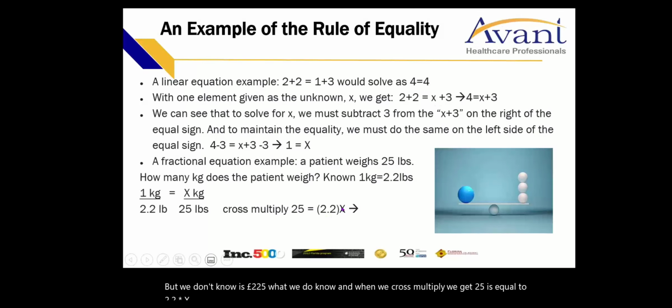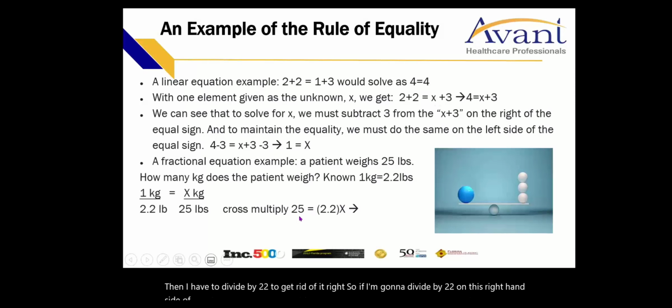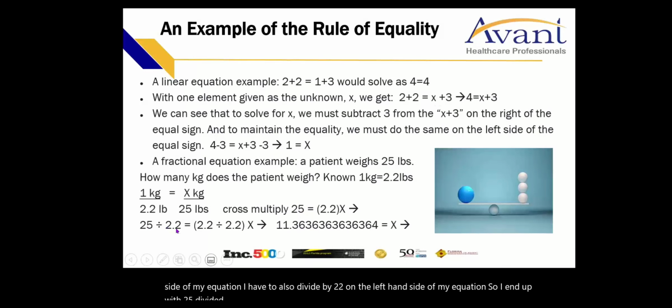So to get my x by itself, then I have to divide by 2.2 to get rid of it, right? So if I'm going to divide by 2.2 on this right-hand side of my equation, I have to also divide by 2.2 on the left-hand side of my equation. So I end up with 25 divided by 2.2 is equal to 2.2 divided by 2.2 times x.